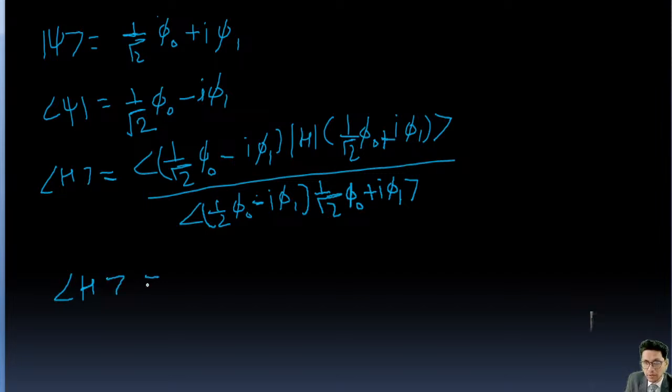After solving this, it is going to be 1 upon 2. I'll solve it for you. Okay, 1 upon 2 (phi 0 minus iota phi 1).